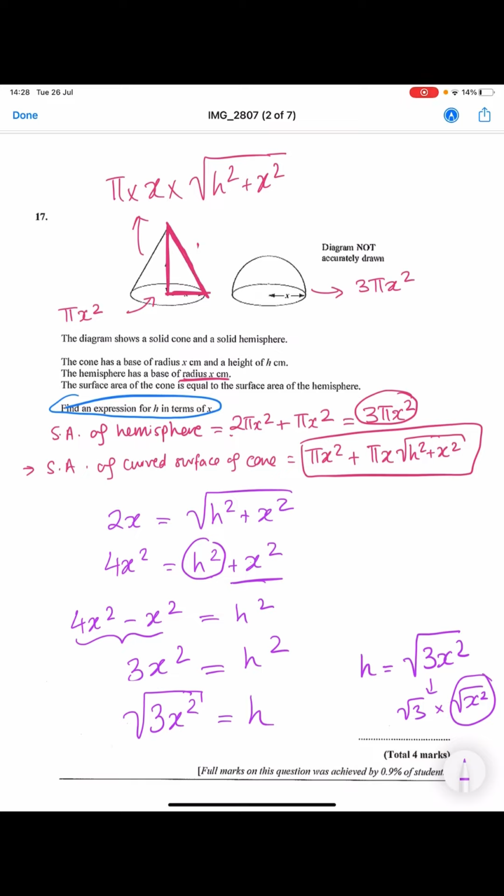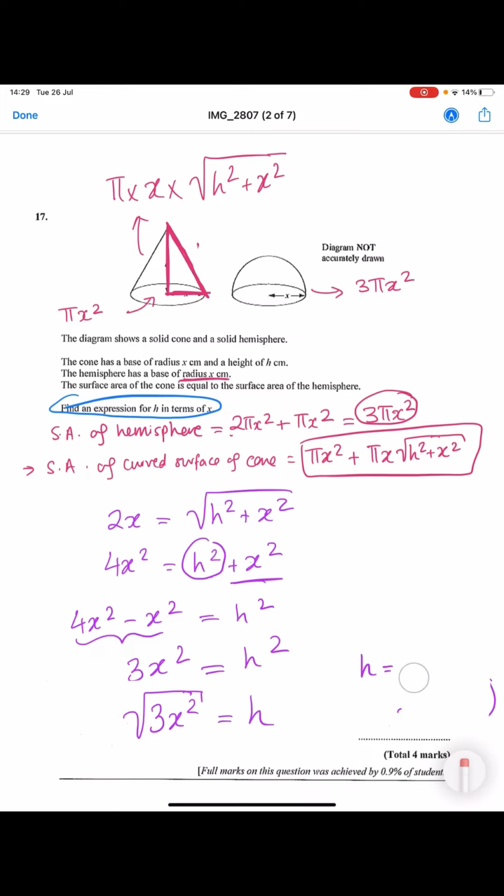So imagine, some students find this a bit confusing, so I'll just explain how it is. Imagine you do 4 squared and then you square root that again. So 4 squared is 16. Now square root of 16 is 4. You're not doing anything, you're just going back to the original number, which was 4. So the square root of x squared is just x.